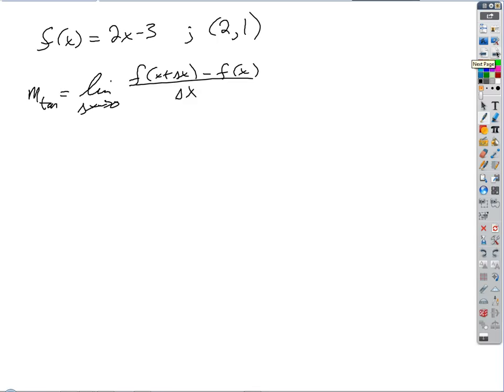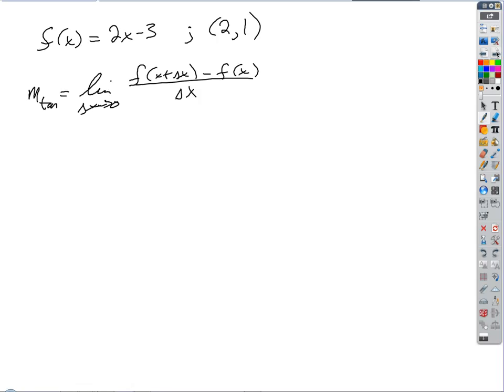Now, what have we got here? So we know some other stuff. We know that for us, here's our function, right? Everybody agree? And we even know the x value is 2, okay?